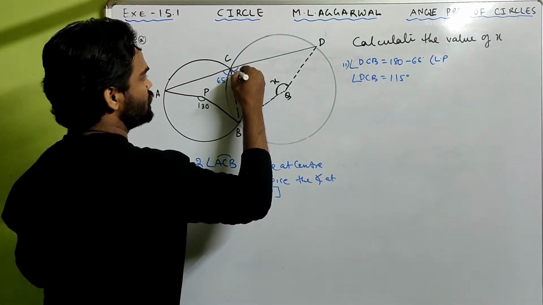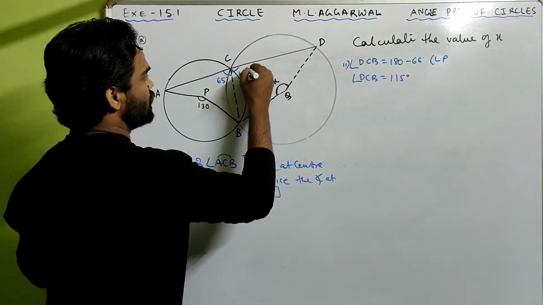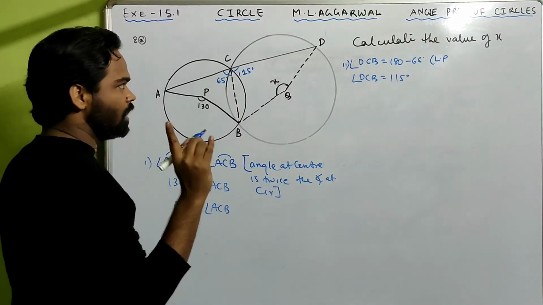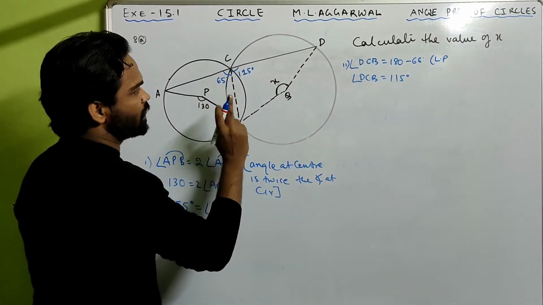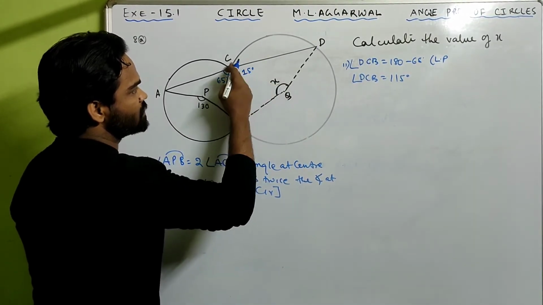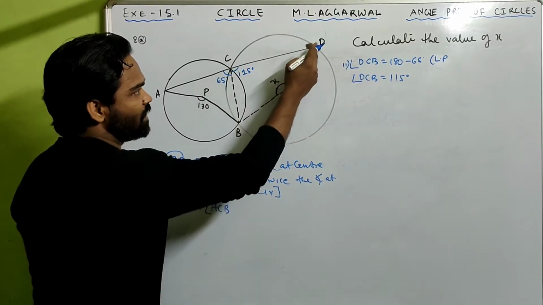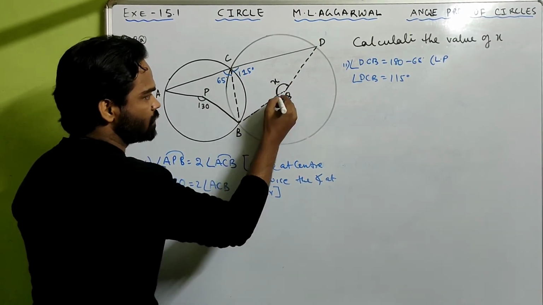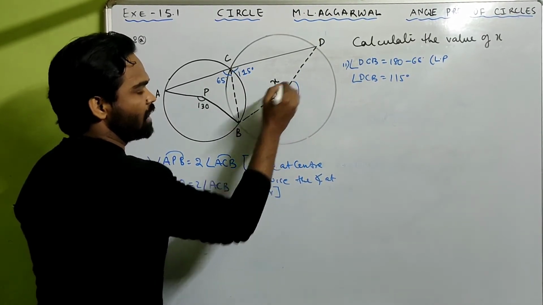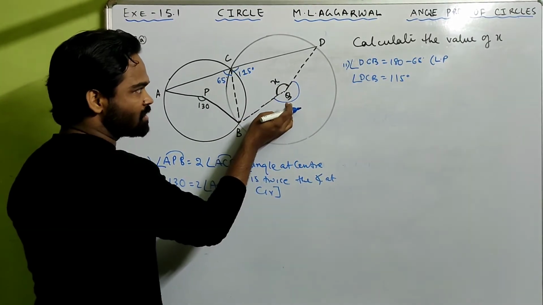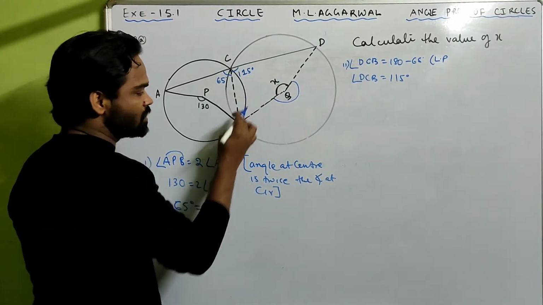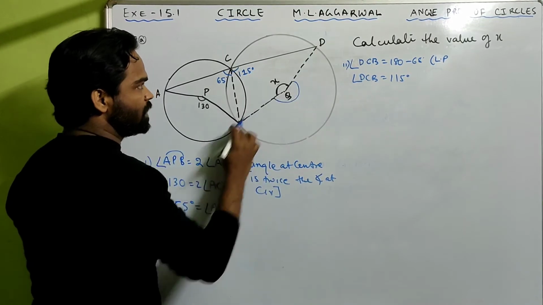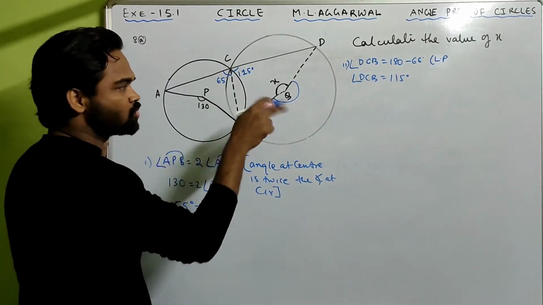So this angle is known, 115 degrees. Now look carefully. Angle DCB and reflex DQB, this angle, this part, has a relation. What? Angle at the center is twice the angle at circumference. See, with BD as an arc, we are drawing those two angles.